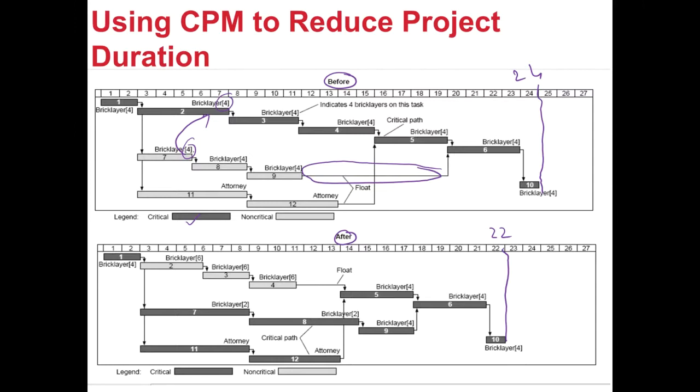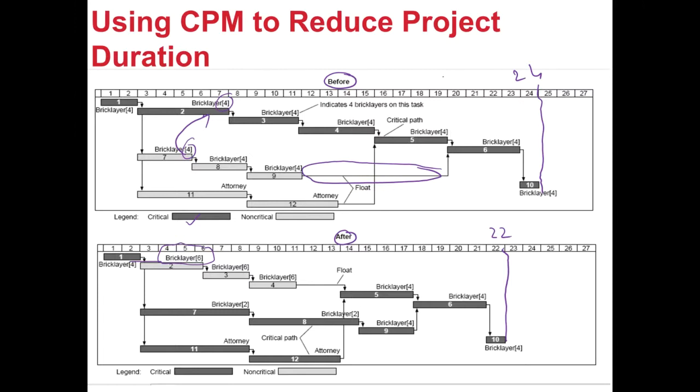And he has decided to transfer some of the resources from a non-critical activity to a critical activity. So rather than having 4 bricklayers working on a non-critical activity, he has diverted 2 bricklayers to a critical activity. So moving 2 resources who were working on activity 7 to activity 2 has resulted in delivery of activity 2 in a shorter duration.